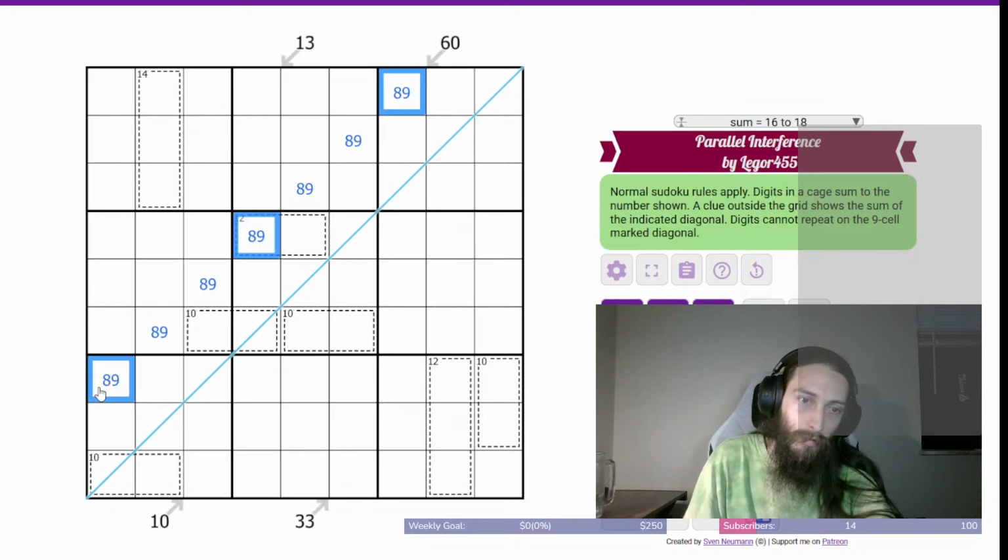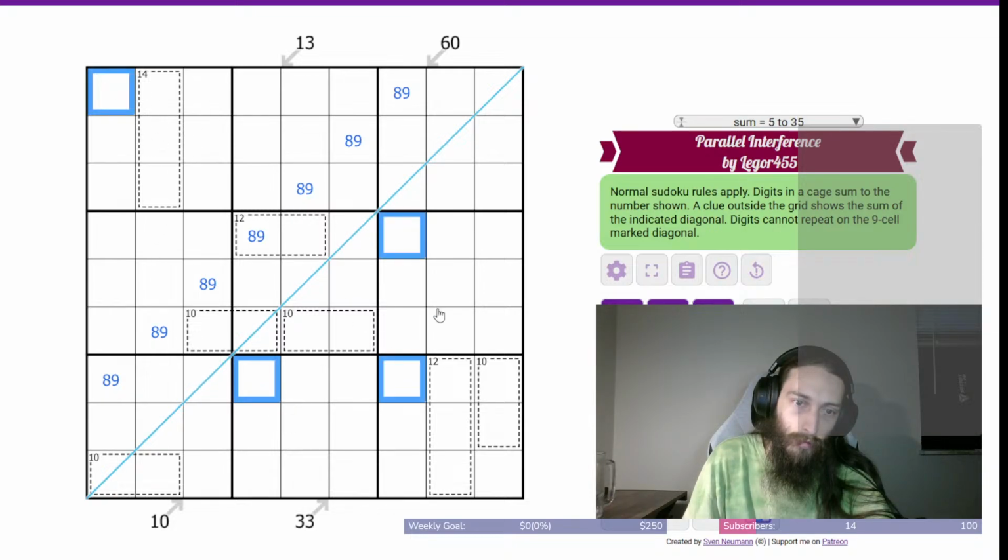So one of these 3 is an 8 instead of a 9. There has to be 2 9s. So anything that sees 2 of those, which would be this space, that space, and these 2 spaces, cannot have a 9 in them.